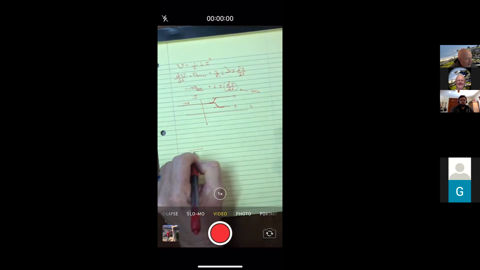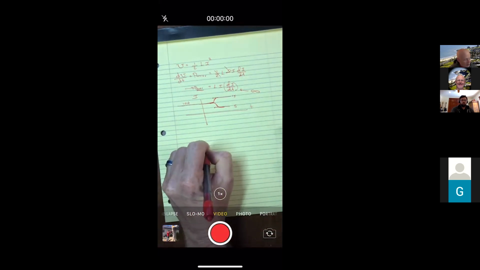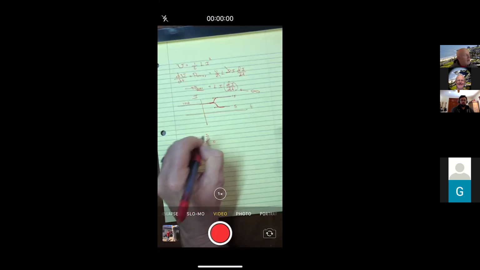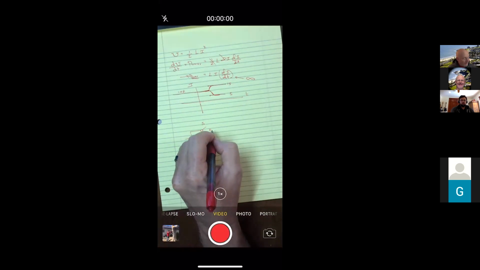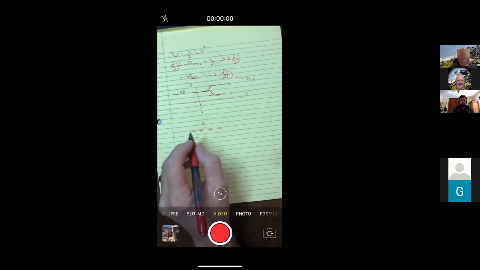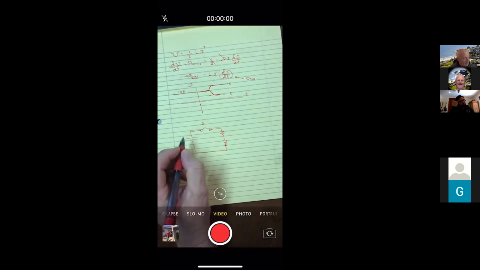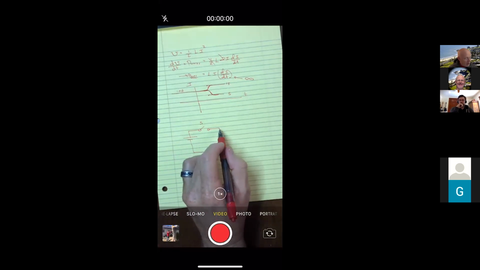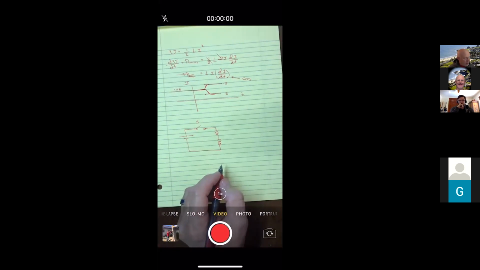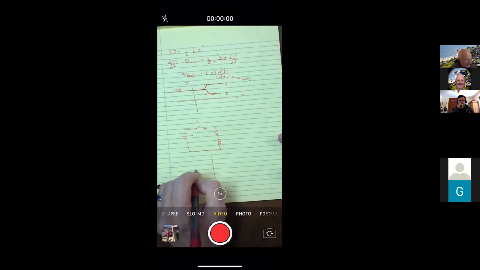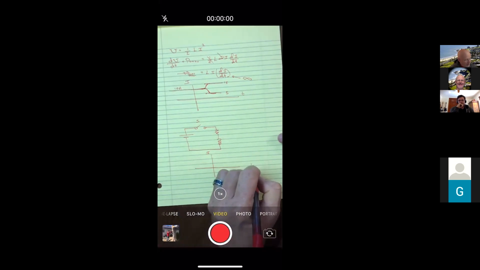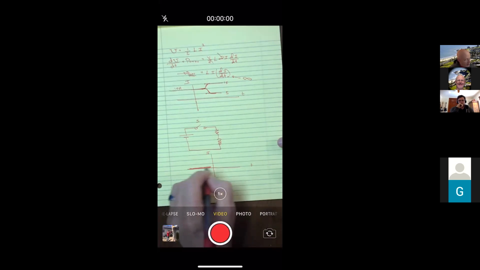So if you had a problem, and I think this is kind of what you're referring to, that has a switch, and then that switch is connected to maybe a resistor and an inductor in series, right before you close the switch, you know the current is 0. So if you made a plot of current versus time, you'd say, okay, the current is 0.